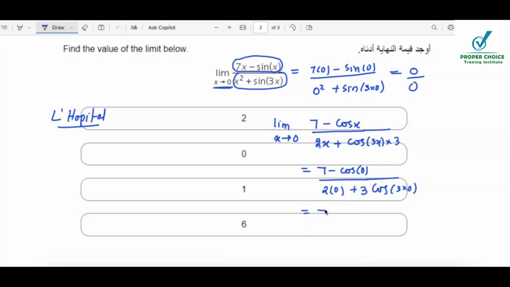So 7 minus 1 divided by 2 times 0, which is 0, plus 3 multiplied by cos 0, which is 1. So that is 7 minus 1, which is 6, divided by 3. So the result is going to be 2. So I should go with the first choice. That's how you can apply L'Hopital's rule and get the answer.